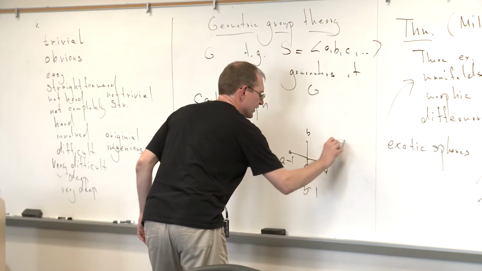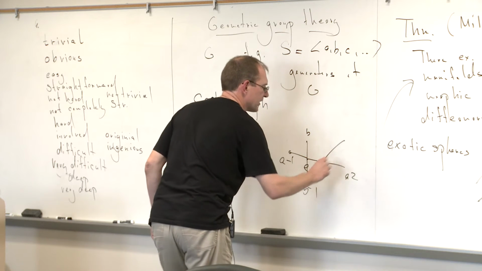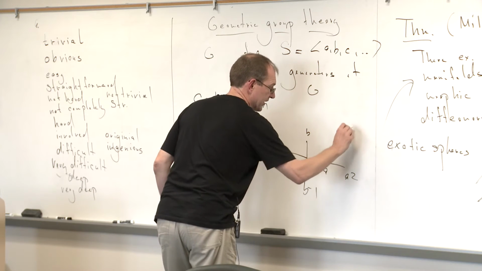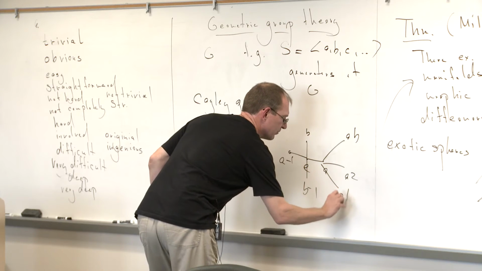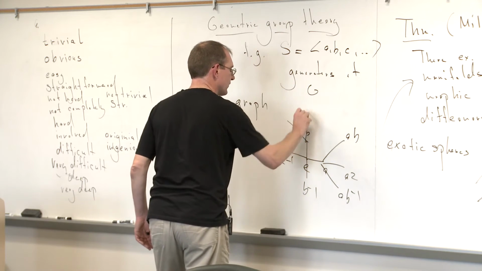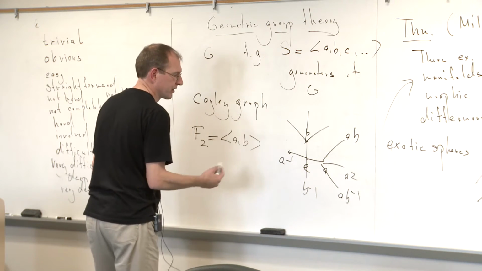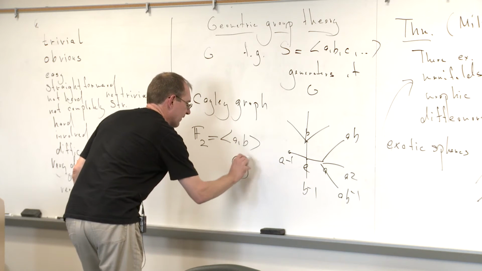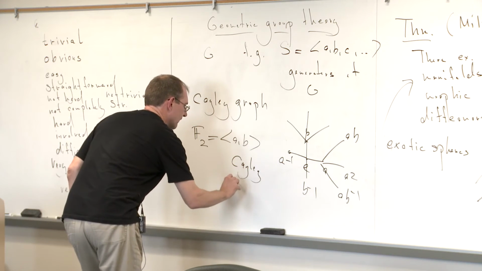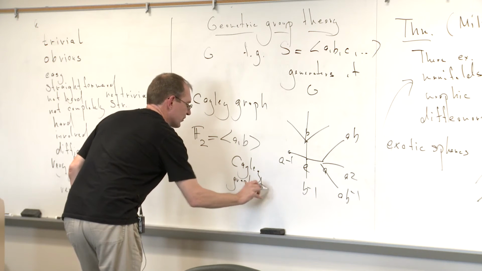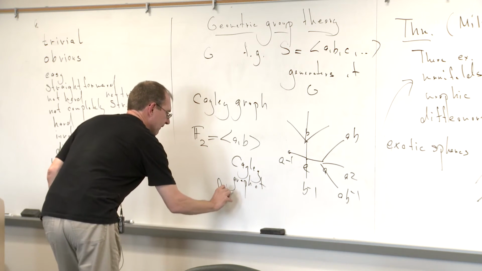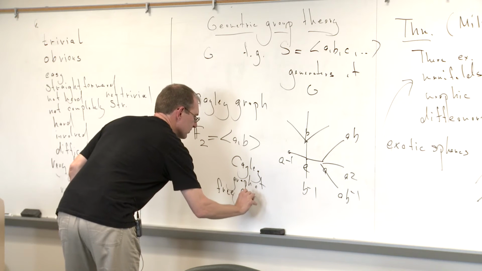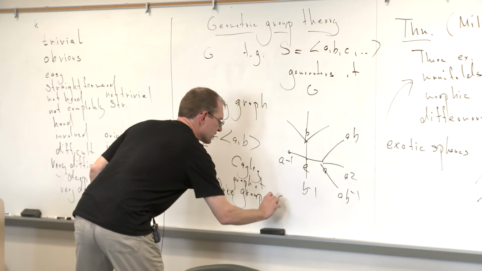A inverse, then you have A squared here, AB inverse, and so on. So the Cayley graph is actually a tree in this case. The Cayley graph of a free group is a tree.